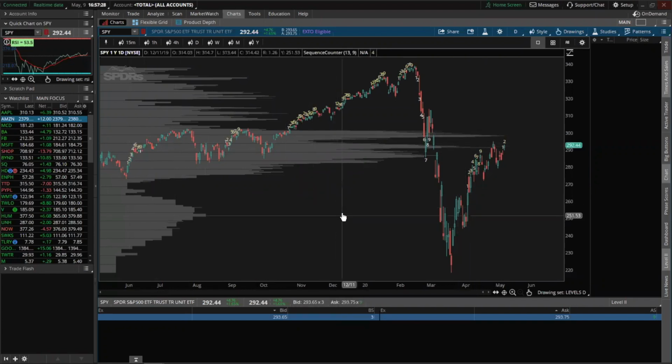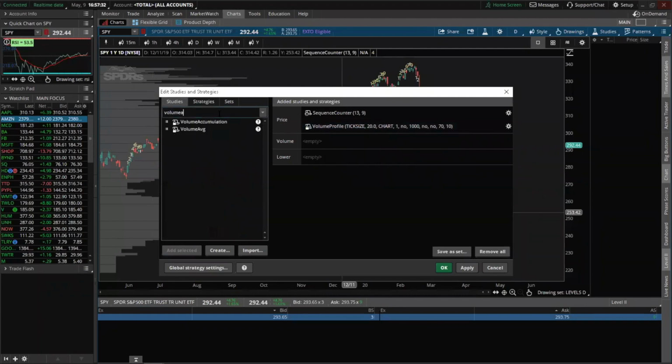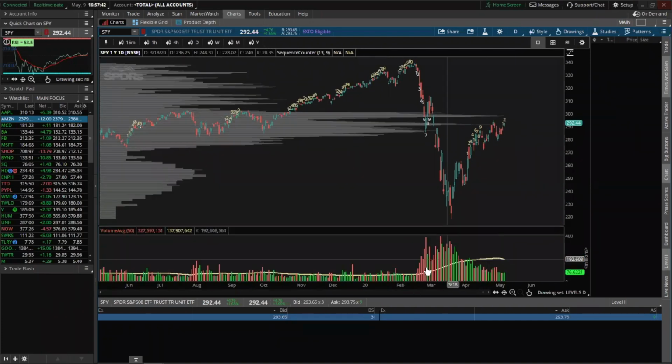So we have the regular volume. If I put it in here, volume average. Okay, so we have the regular volume. I personally have no clue how to use this. I know people that swear by regular volume, but my question is this: this volume is totally based on time.